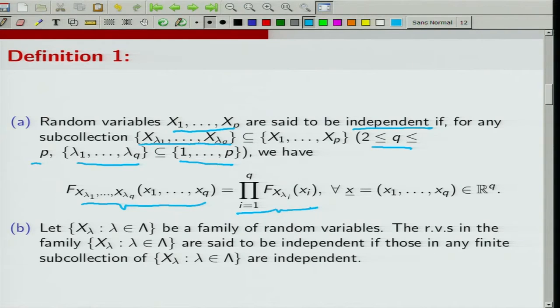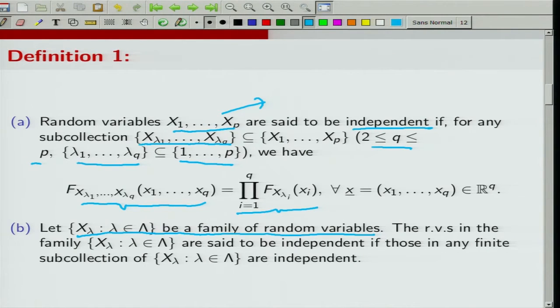Now, this is the situation when you have a finite collection of random variables. Sometimes you may have an infinite collection of random variables. So, let X_lambda, lambda belonging to Lambda, be a family of random variables. This is an arbitrary family, which may be a countable collection or an uncountable collection.